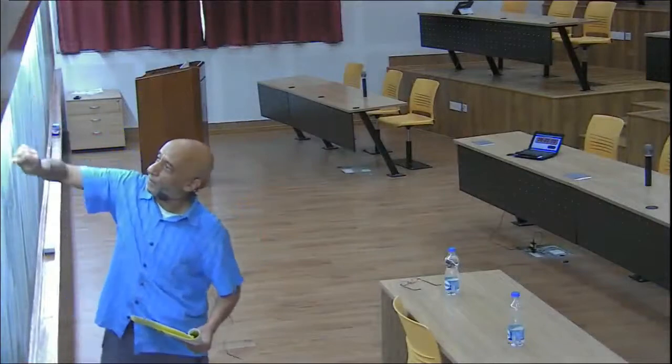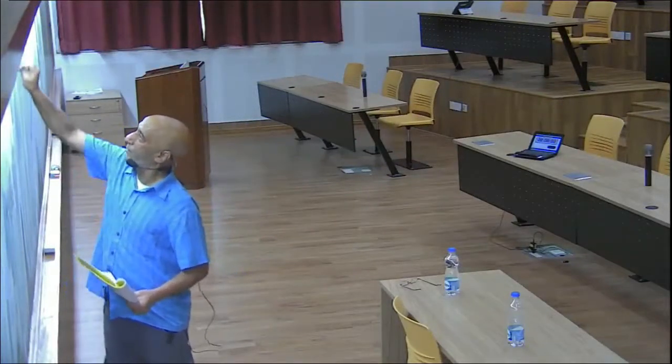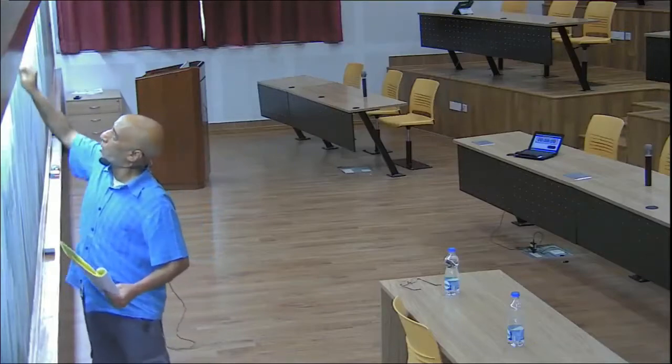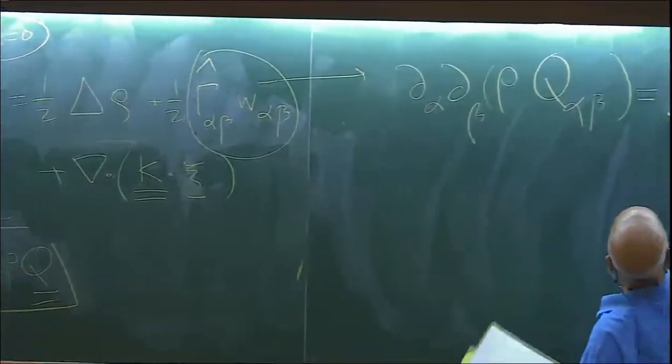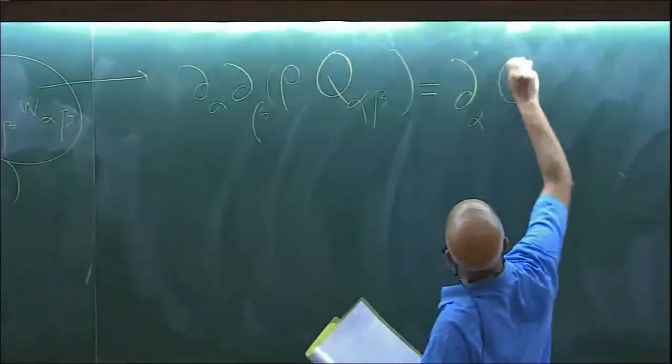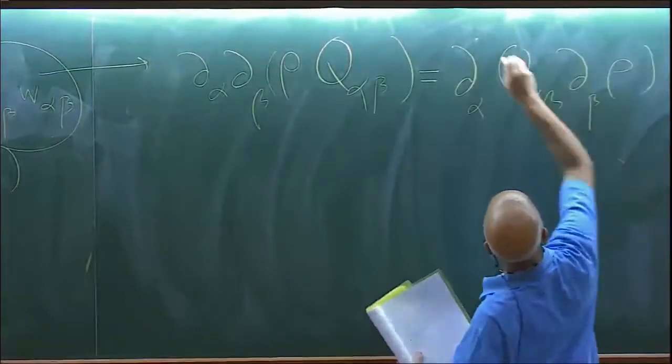If you look at this term, I'll just end with this. This is grad alpha, grad beta, rho Q alpha beta, which I can think of as grad alpha Q alpha beta grad rho plus another term.